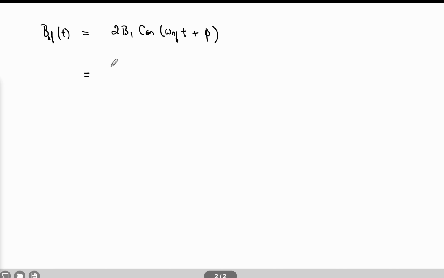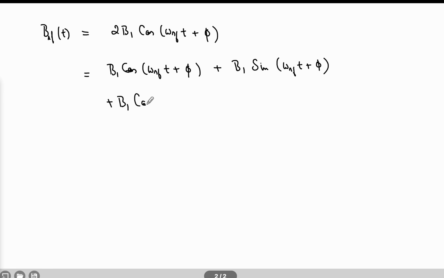Now I can write this as B1 cos(ω_RF t + φ) plus B1 sin(ω_RF t + φ), plus B1 cos(ω_RF t + φ) minus B1 sin(ω_RF t + φ). So you can see that these two components can cancel, and then you will eventually get the same thing back.